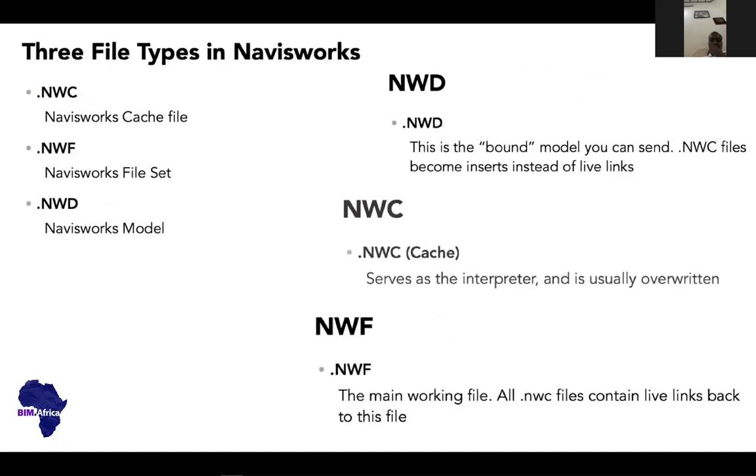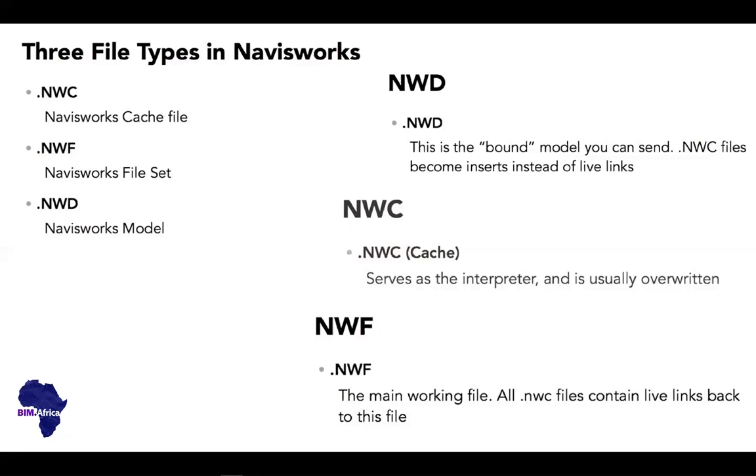So talking about the file types in Navisworks, just as every software tool has a file type, an extension through which you can save, we have three file types for Navisworks: NWC, NWF, and NWD. NWC is Navisworks cache file, NWF is Navisworks file set, and NWD is Navisworks model. I'll start from NWF. That is the main working file for Navisworks, and it has a live link to an NWC file.